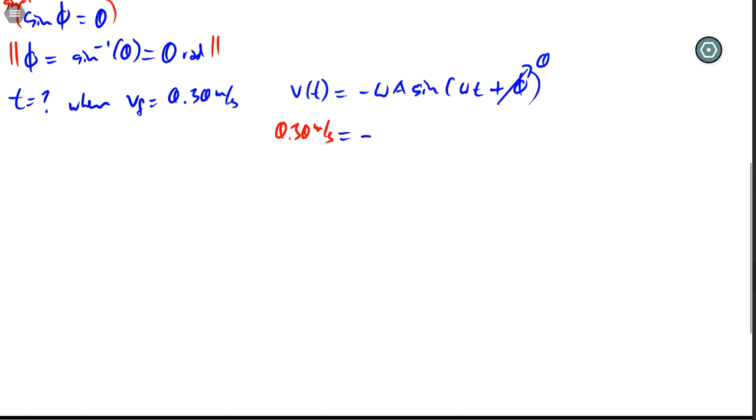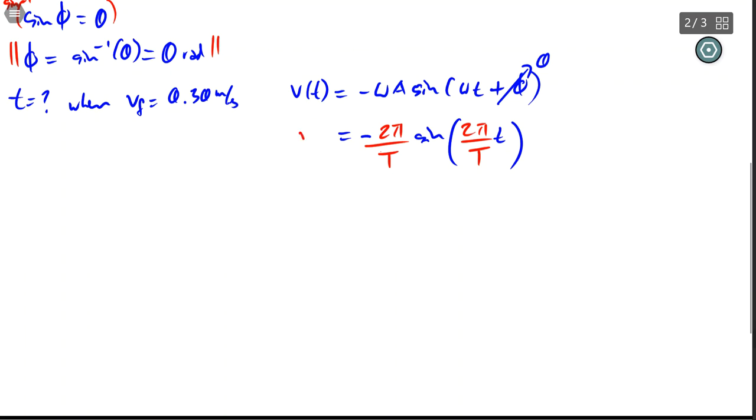and omega is, I'm going to use a different color as well, 2 pi over capital T, the period, times sine of, once again, pi over capital T, t. Gotta love color. I'm actually going to keep that as our vf. And if I solve for t, I'll have to do a couple of things.